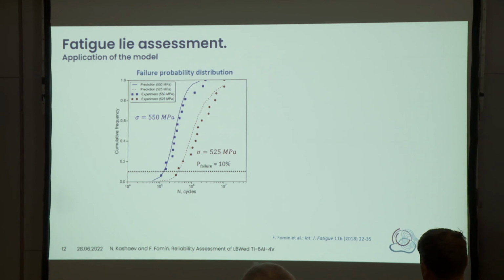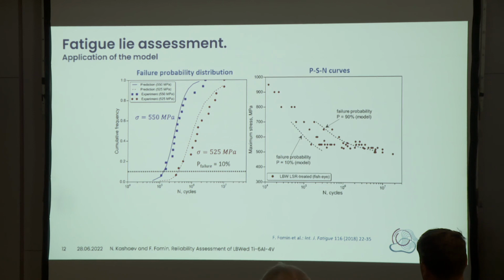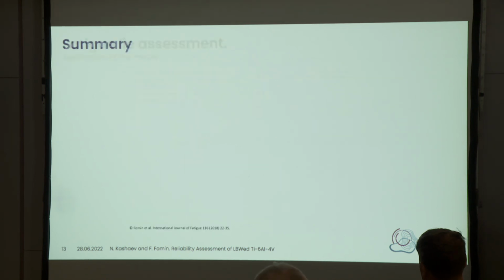Here the dot points are experimentally obtained results, and the curves are what our model predicts. Now we are able to correlate not only the fatigue mean curve, but also the failure probability. Here the calculated results are represented. We have good agreement, and using this approach we can obtain a probabilistic stress-number curve.